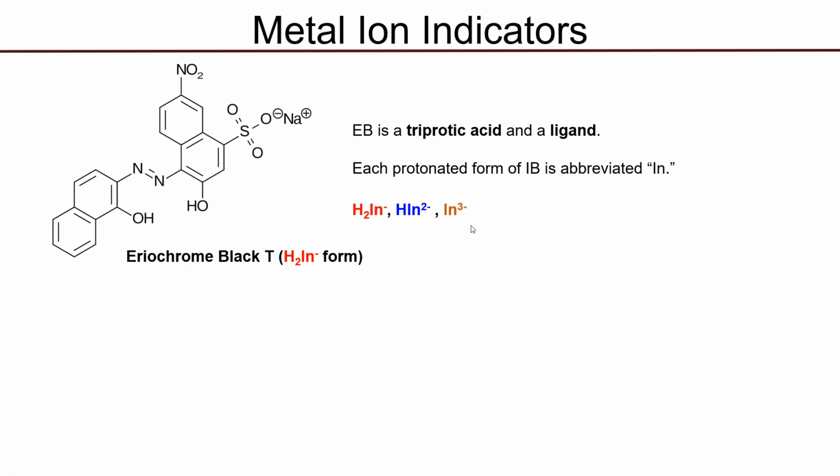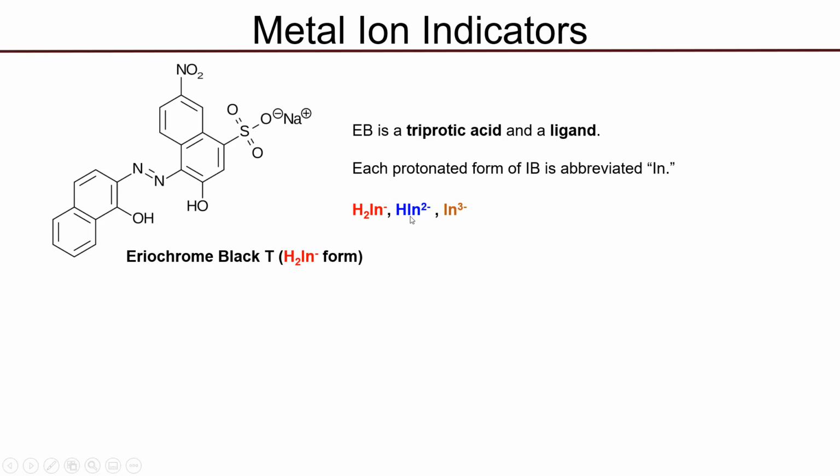In the case of Eriochrome Black T, the H2IN- form has a red color in solution. The HIN2- form in solution has a blue color, and the IN3-, the fully deprotonated Eriochrome Black T indicator, has an orange color.